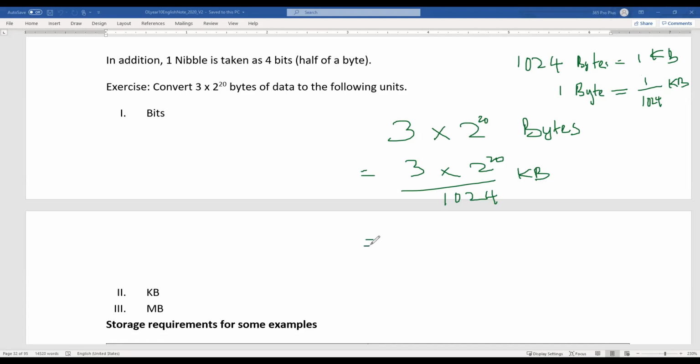When you simplify, 3 into 2 to the power 20 divided by 2 to the power 10. Since this is division, you subtract the powers. So that means 3 into 2 to the power 10 kilobytes.